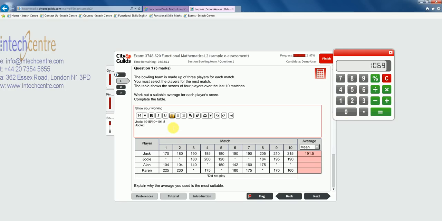This gives me a total of 1069. Remember, the mean is dividing by the total number of values. So Jodie only played 6 matches, so be careful with these types of questions. Because Jack played 10, but Jodie only played 6. So that gives me 178.16.